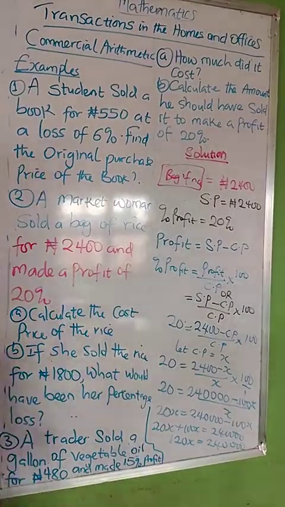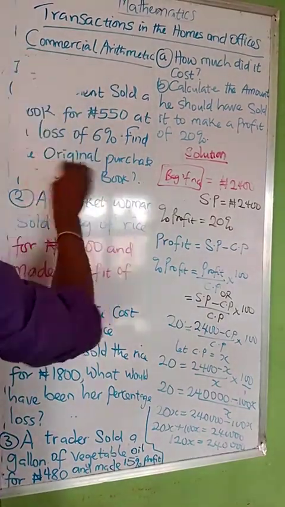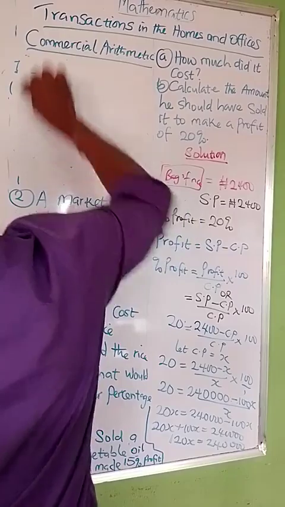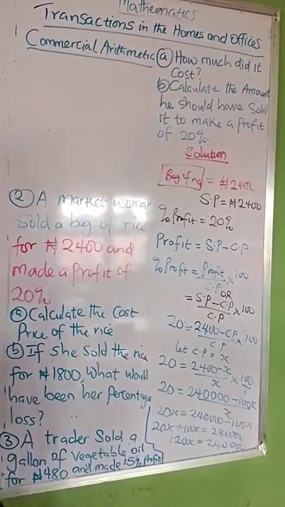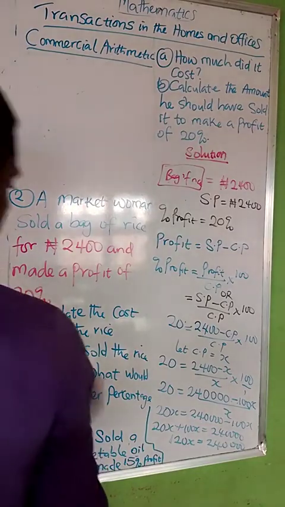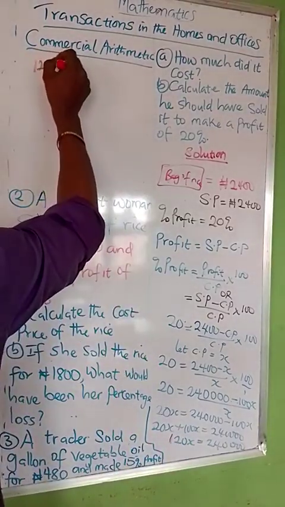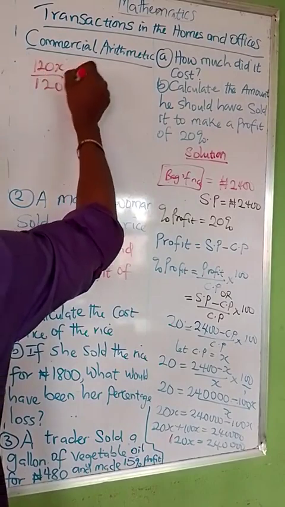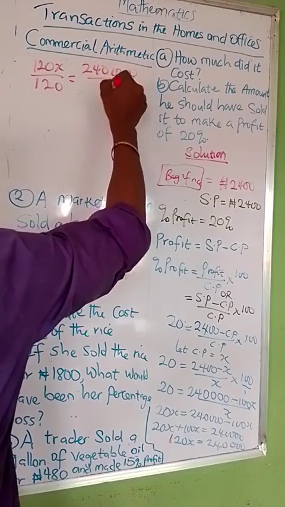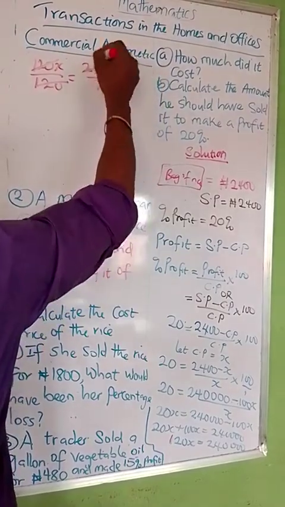So then we divide both sides by 120. We have 120 over 120 and 240,000 over 120. 120 cancels 120, 0 cancels 0, 12 here, 1, 12 here, 2.